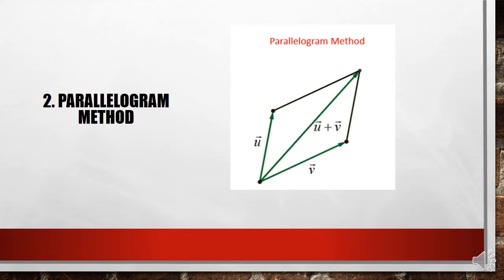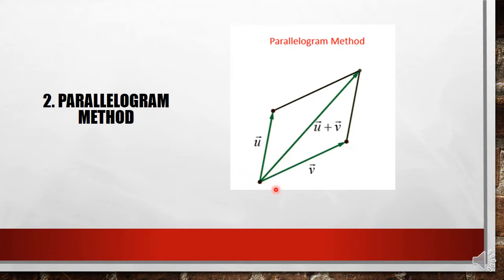The second one is parallelogram method. Let's just say that I have a vector u and vector v. So in this method, you place both vectors u and v at the same initial point.